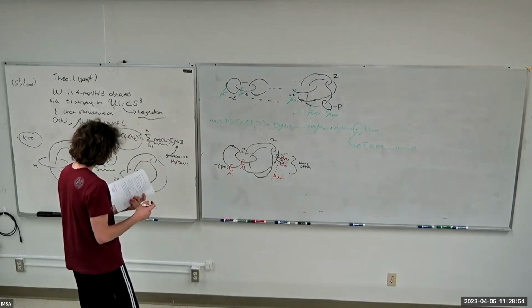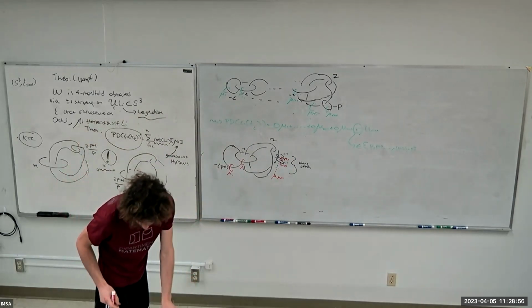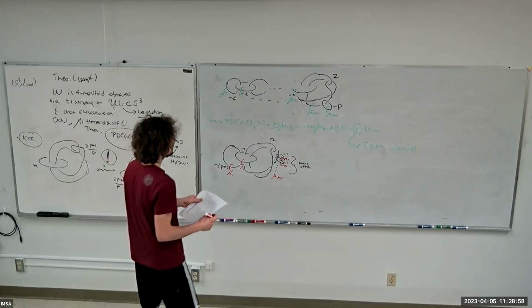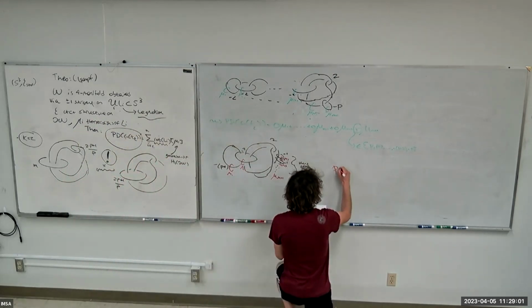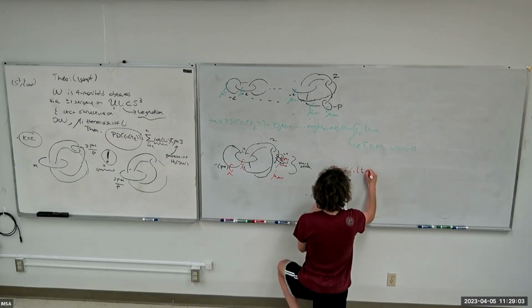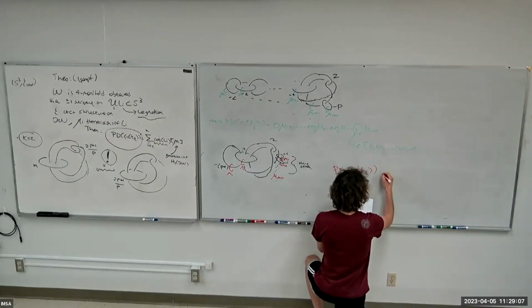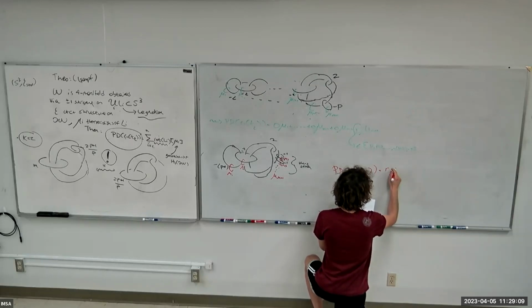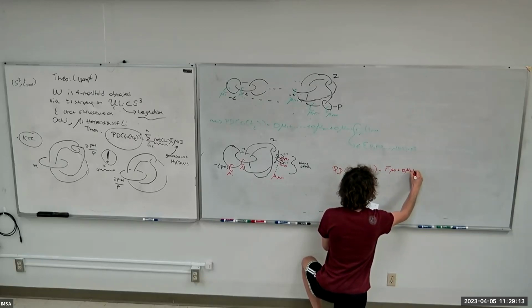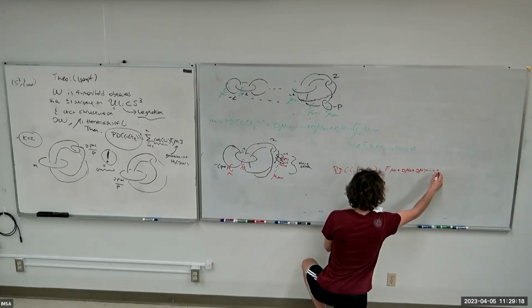And I can compute now the Poincare dual here of the first Chern class of the contact structure associated to this surgery diagram, and this is just given by rbar mu1 plus 0 mu2 plus 0 mu3, and so on.